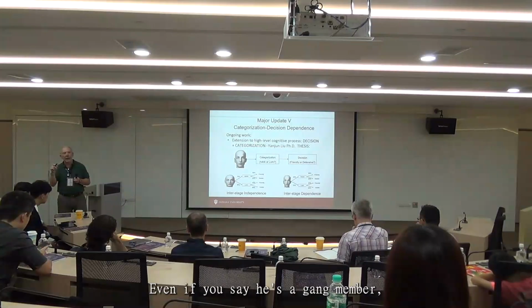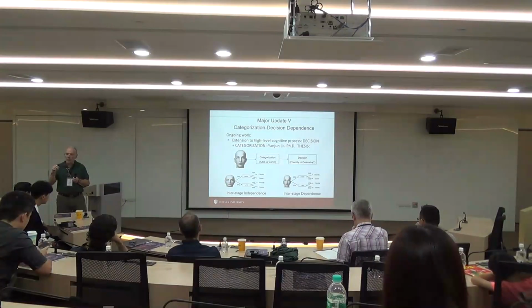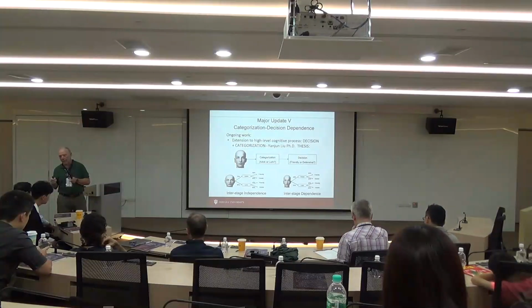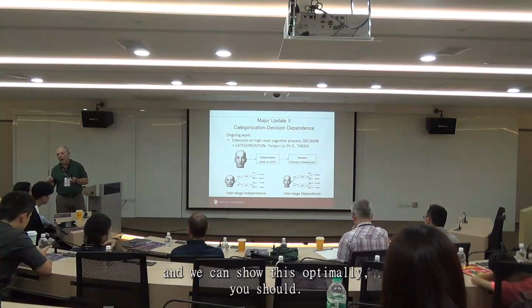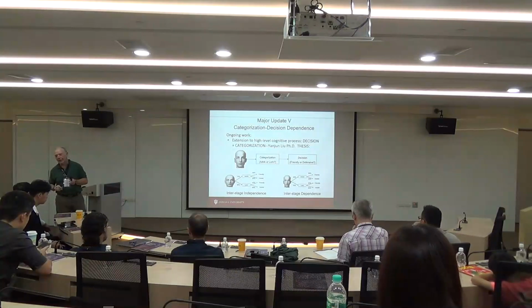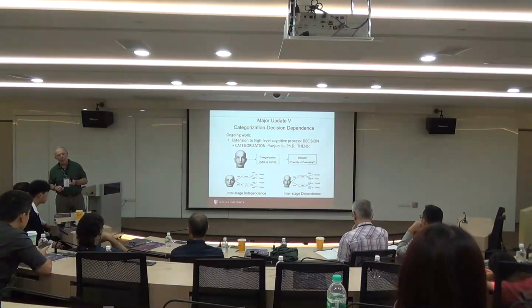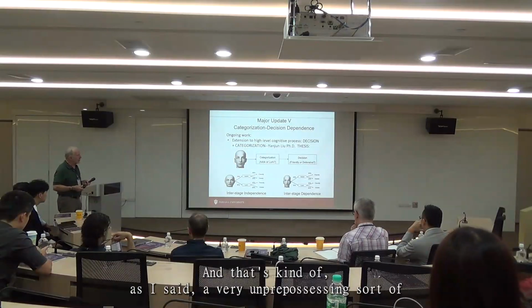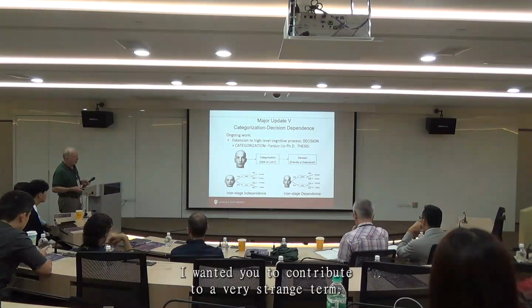Even if you say he's a gang member, you don't act like it, which optimally you should. You should say, always take an aggressive action if you think it's a gang member. That doesn't happen. And that kind of very unprepossessing finding made for a very strange journey.